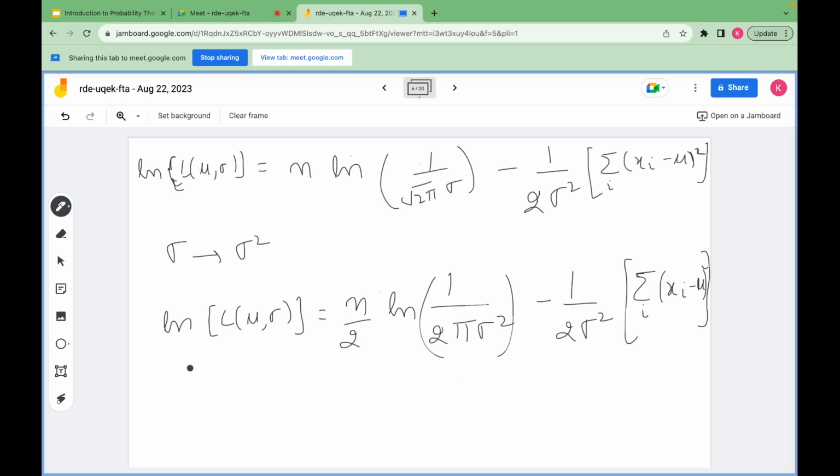So now there are two parameters, mu and sigma. So I am now taking this as sigma square, the new parameter is sigma square. Okay, so this sigma square can be denoted by y.